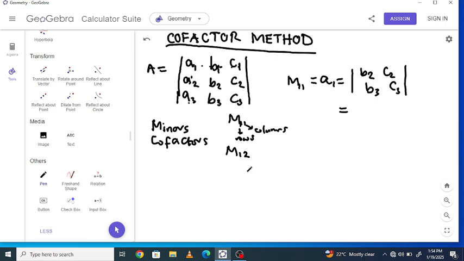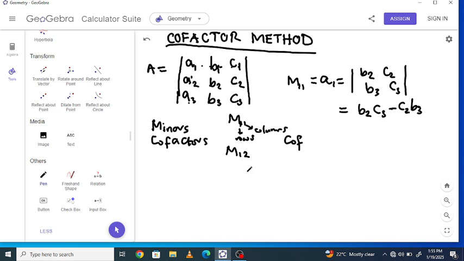And now you can easily get the minor by getting the determinant of a 2 by 2 matrix, where you multiply the leading diagonal minus the other diagonal. We will have B2, C3 minus C2, B3. That's how we get a minor.